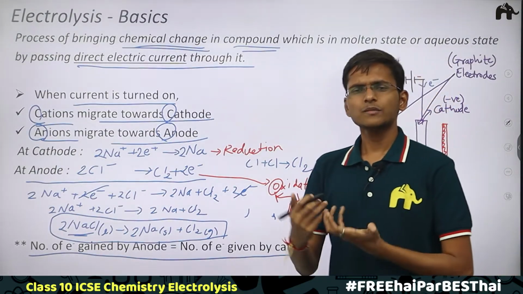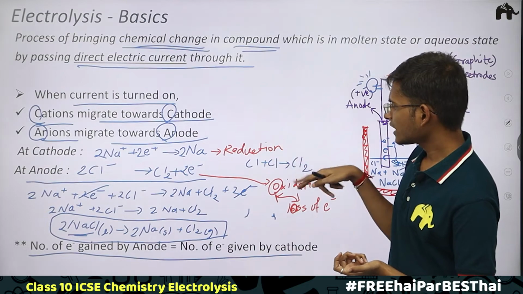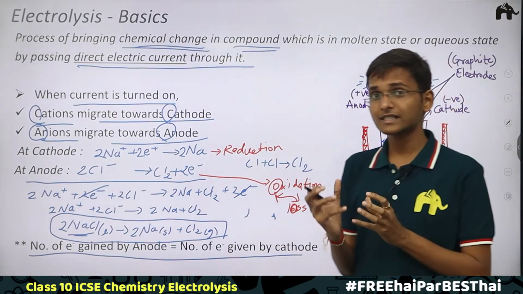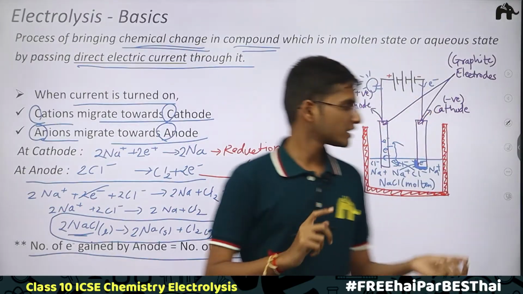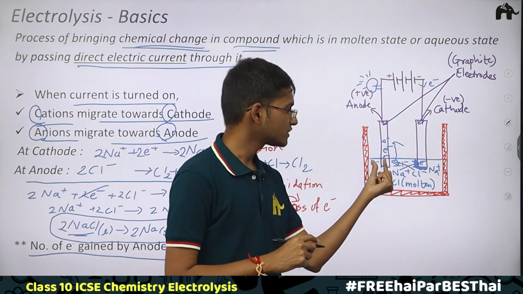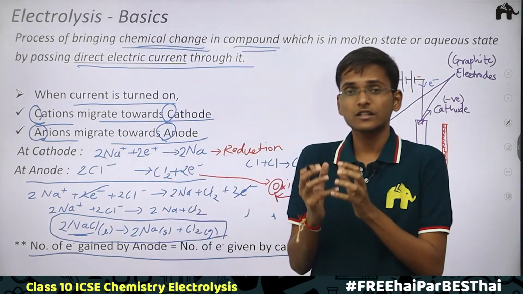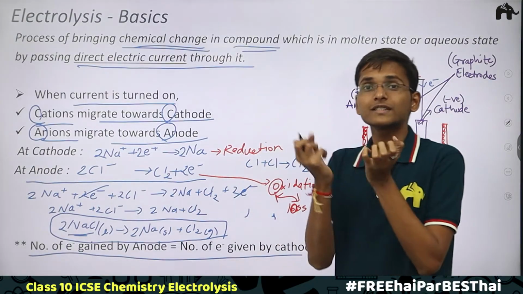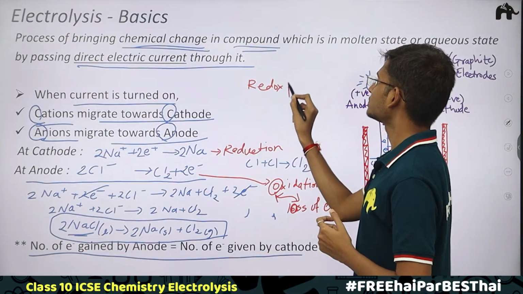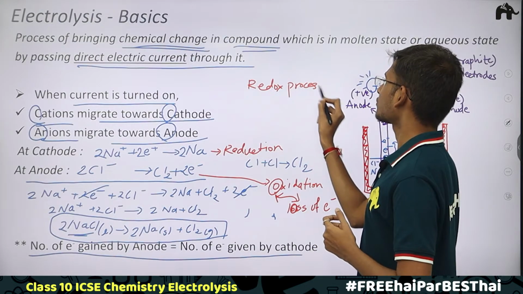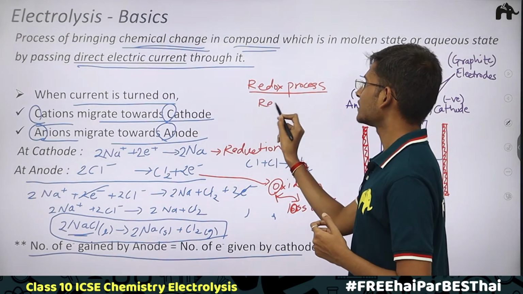Now, such a process in which both reduction and oxidation take place simultaneously is called a redox process.